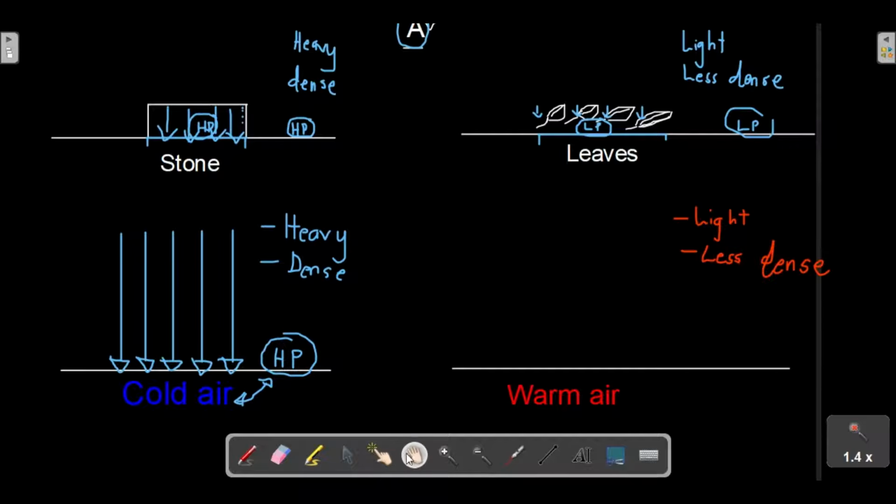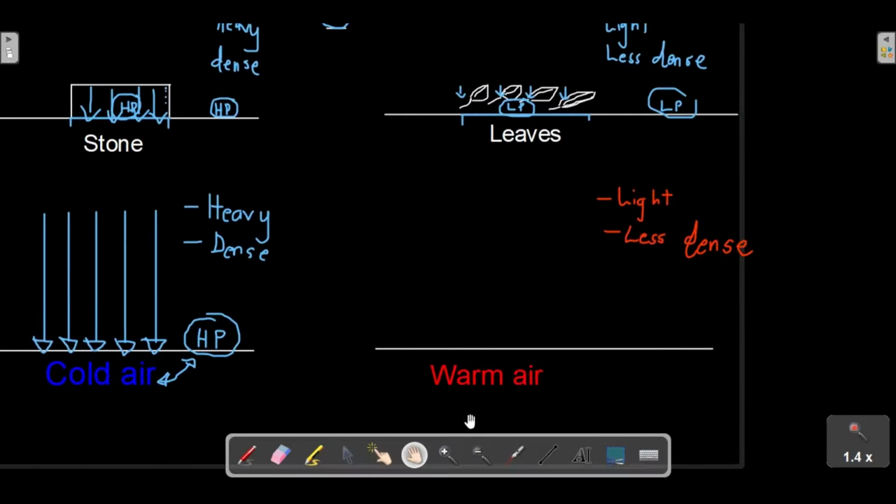Now, looking at warm air, it is light, it is less dense, and warm air likes to rise up.